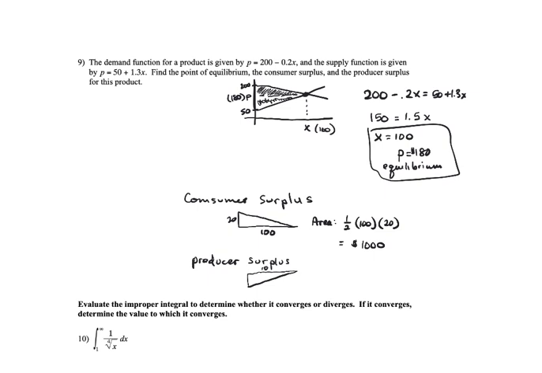The distance from here to here is 100, and then from 50 to 180 is 130. So that area is 1/2 of 100 times 130. So that's 50 multiplied by 130, which is $6,500.